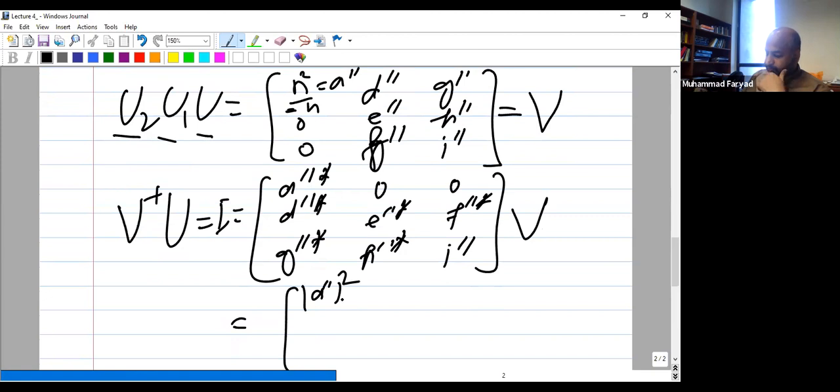And then this first row with the second column will give me D prime E prime star plus G prime H prime star, and similarly I will get something here.